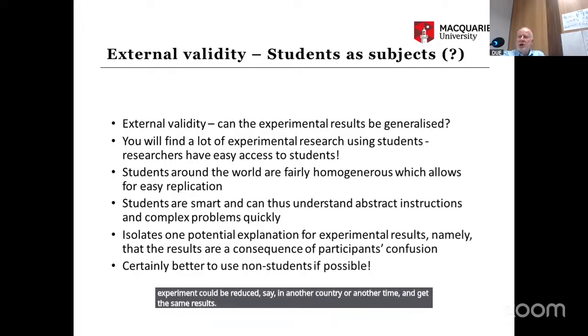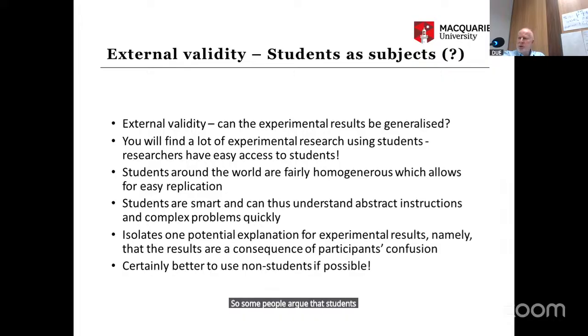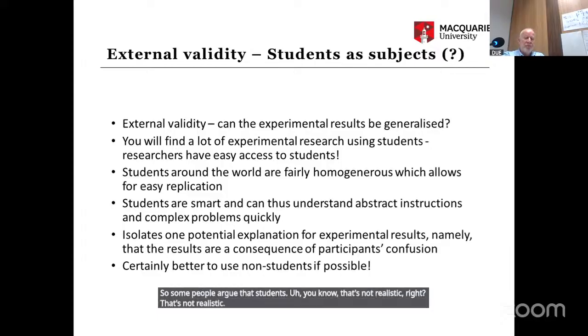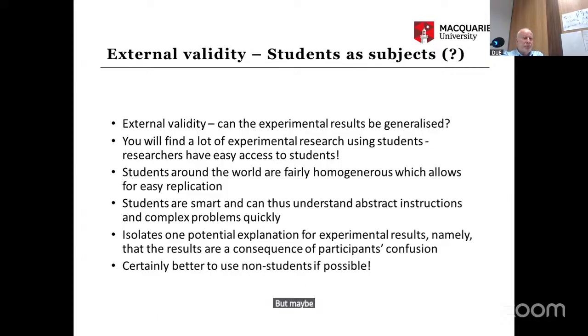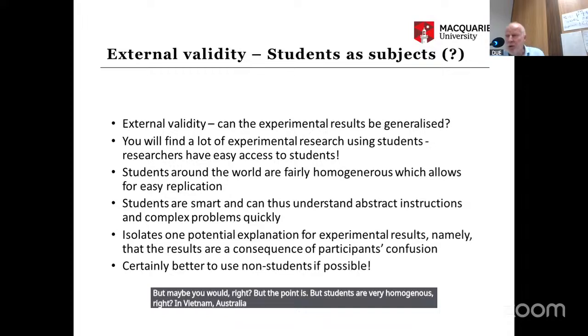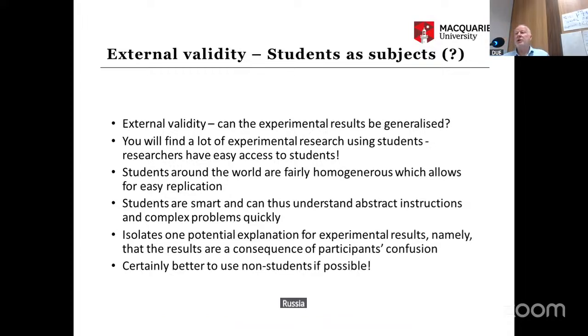Some people argue that students aren't realistic, right? You'd rather get business people. But maybe you would. The point is that students are very homogenous, right? In Vietnam, Australia, Russia, China, the US.